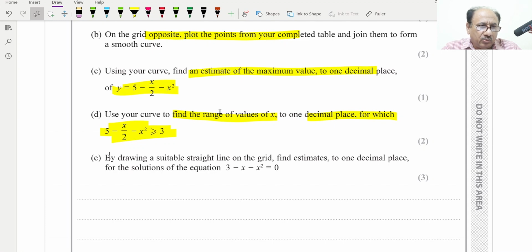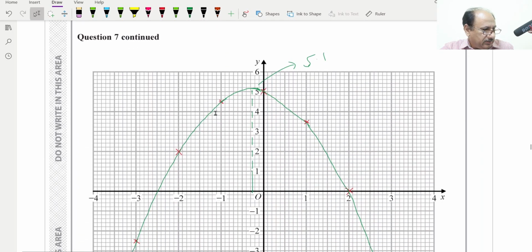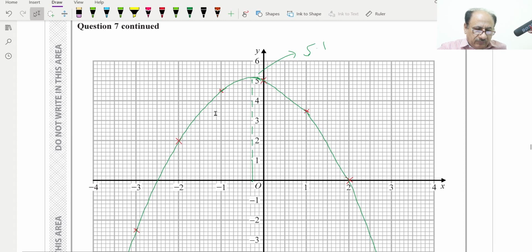First of all we'll be drawing the line. Greater than or equal to 3 will be this line. If I change the color and show the line, this will be basically 3, and we require more than this value. Basically this portion will be the greater than or equal to 3 portion.